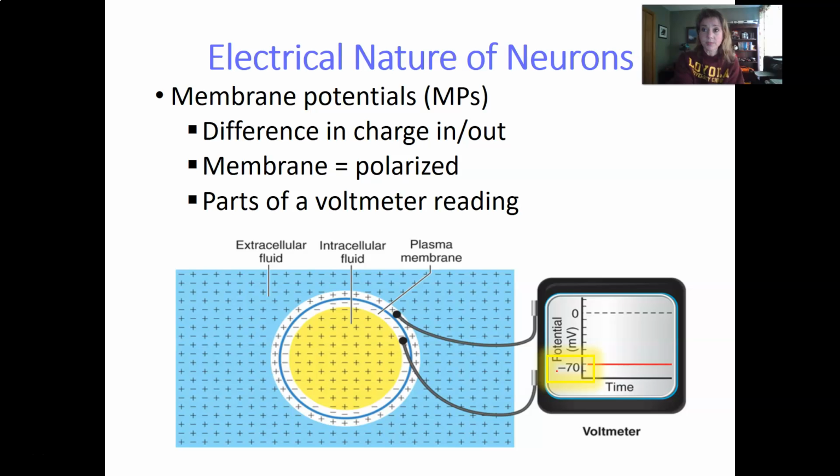So the sign, be it negative or positive, in this case negative, tells you what the charge is on the inside of the cell, not on the outside. And that's what the voltmeter does. And then of course that red line is showing us the trace. So with this measurement, we are getting a constant reading of negative 70 millivolts.